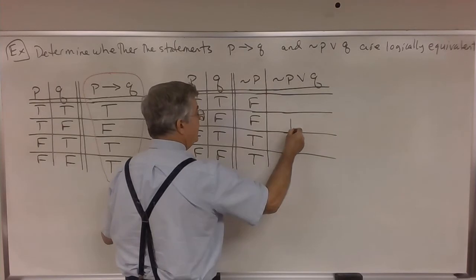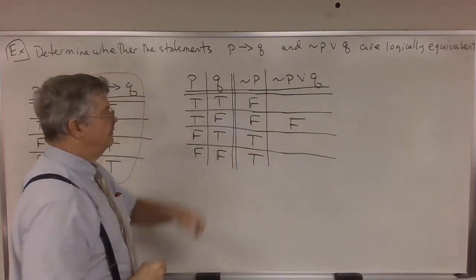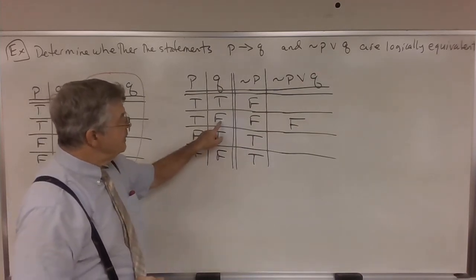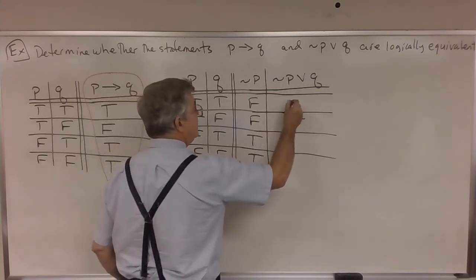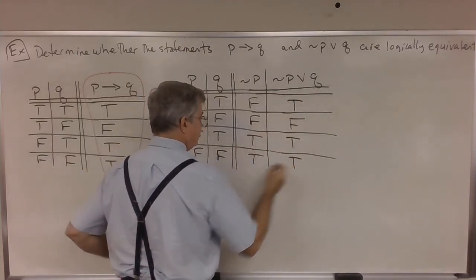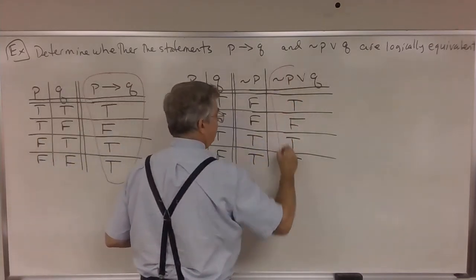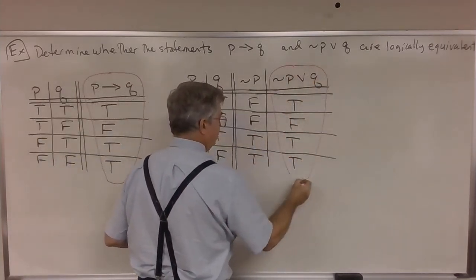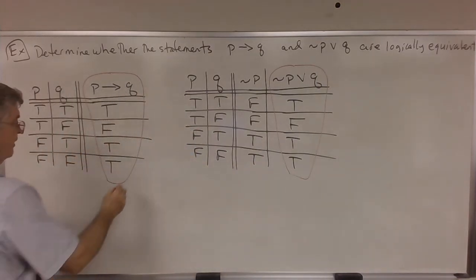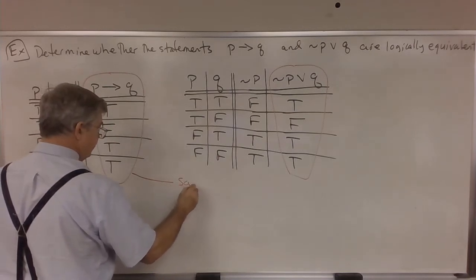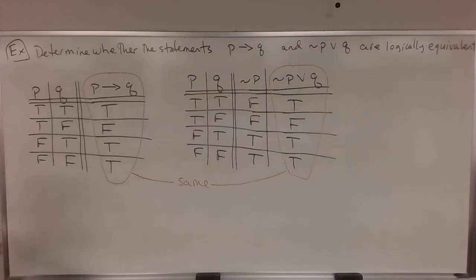So in this case, when not P and Q are both false, the whole thing is false. And this is the only time that happens. All of the other times, this statement is going to be true. And are they the same son of a gun? They are. Those two things are the same.